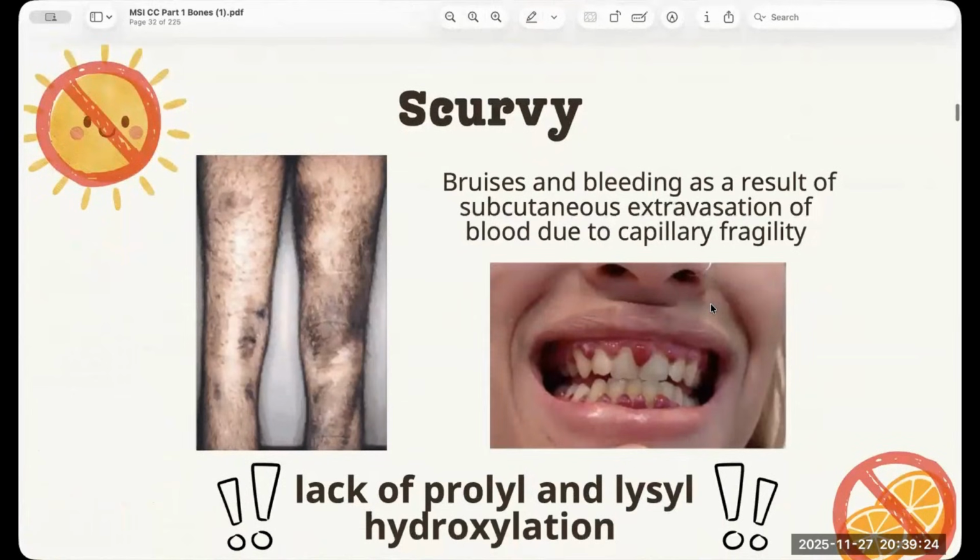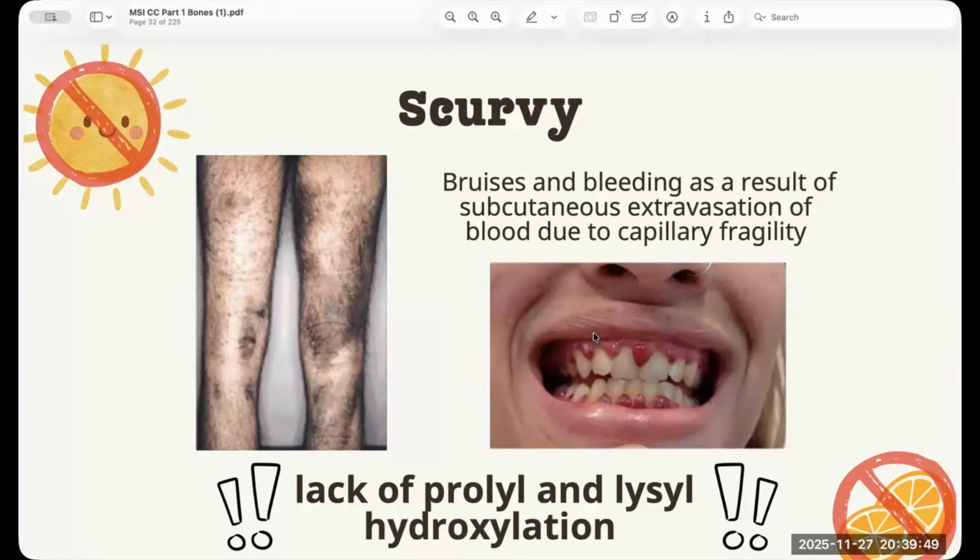Again, disease. So scurvy is the disease of the deficiency of prolyl and lysyl hydroxylase. It shows mostly in those that do not get enough vitamin C from the food. That's why I've added here a sun and an orange. But basically, it was known to be a disease of the sailors. Why?